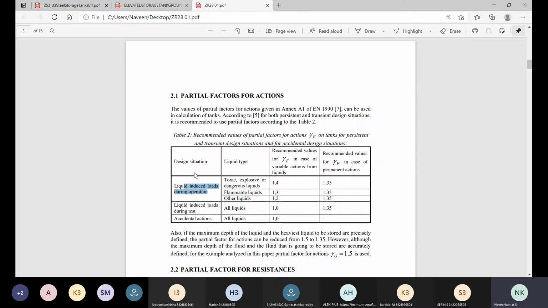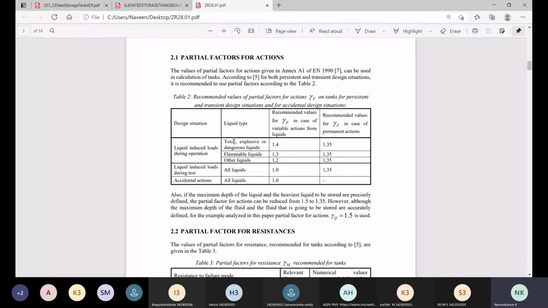The first one is toxic, explosive or dangerous liquid. The second one is flammable liquids like petroleum and diesel. Then there are tanks storing drinking water, liquids for agriculture, and sometimes wastewater or utility liquids. So these are the different kinds of liquid.